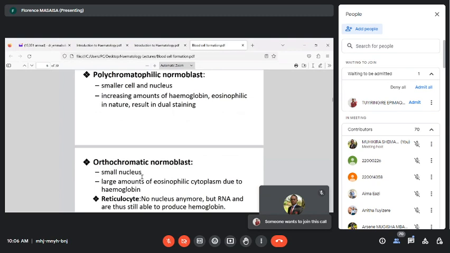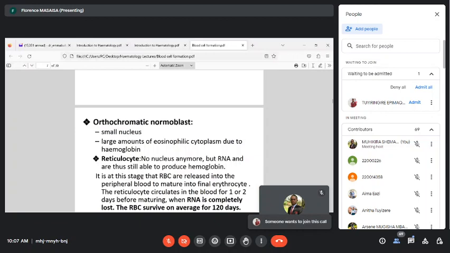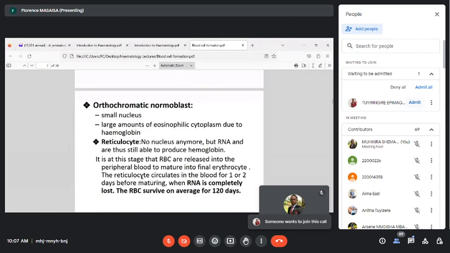We have the orthochromatic stage, which is the stage of releasing the nucleus, becoming a reticulocyte, which no longer has a nucleus but still has RNA able to produce hemoglobin.